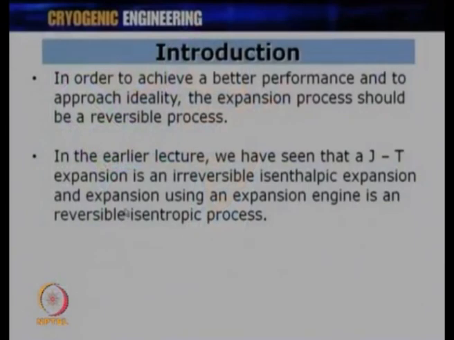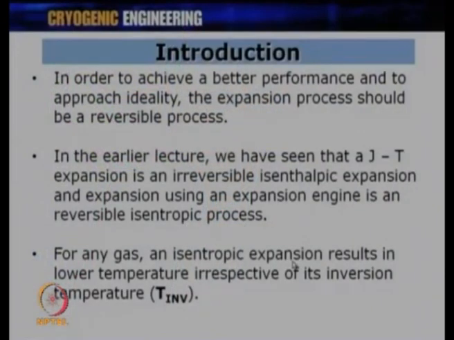Now, in this Claude cycle, we will talk about an expansion engine where you have a piston and cylinder kind of arrangement, where work is also done by the system. In this case, when the expansion is carried out using such an engine, the process is ideally a reversible isentropic process.